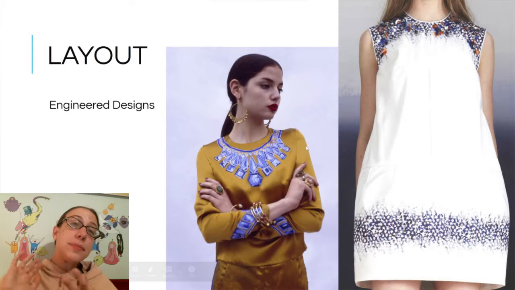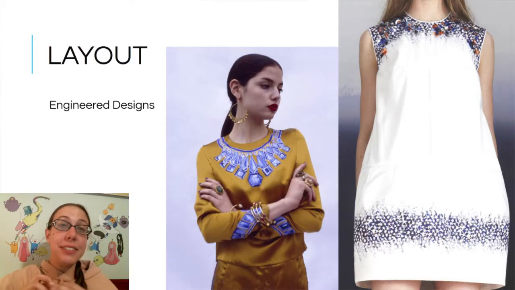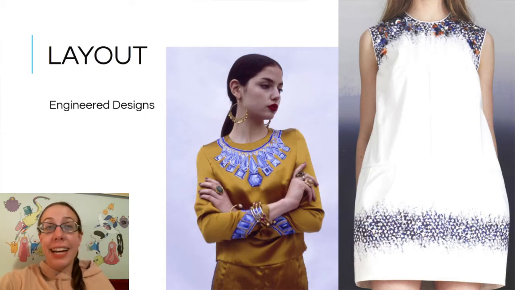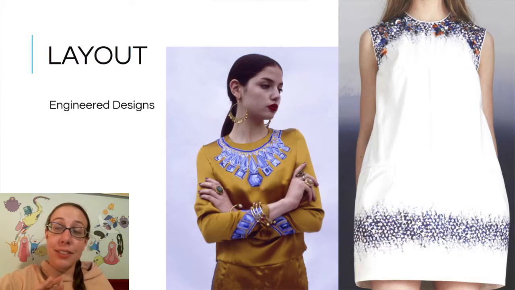Okay, so engineered layouts are their own specific category of textile design, and we might talk about them a little, but it's important to know what they are. These designs are essentially designed around the pattern of a garment, right?